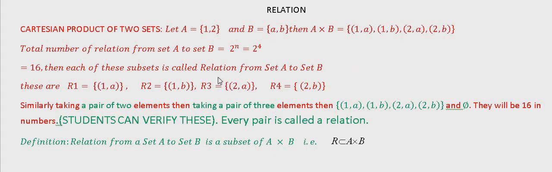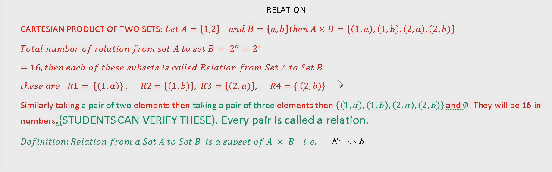So 6 plus 4 is 10. Now take 3 at a time: {1a, 1b, 2a}, {1a, 1b, 2b}, {1a, 2a, 2b}, {1b, 2a, 2b}. So there are 4 relations with 3 elements.